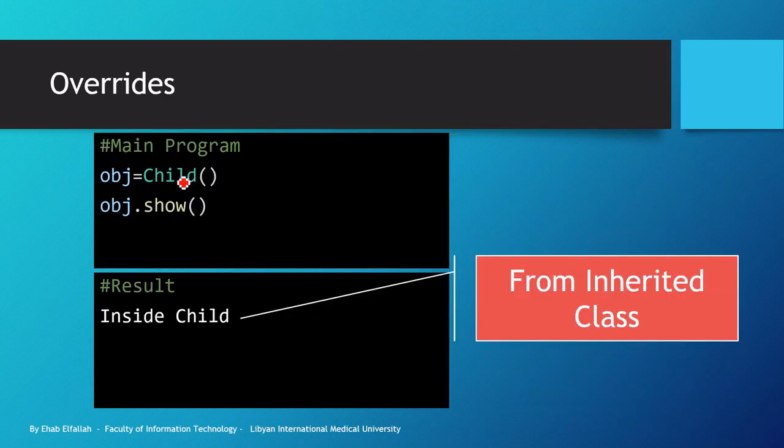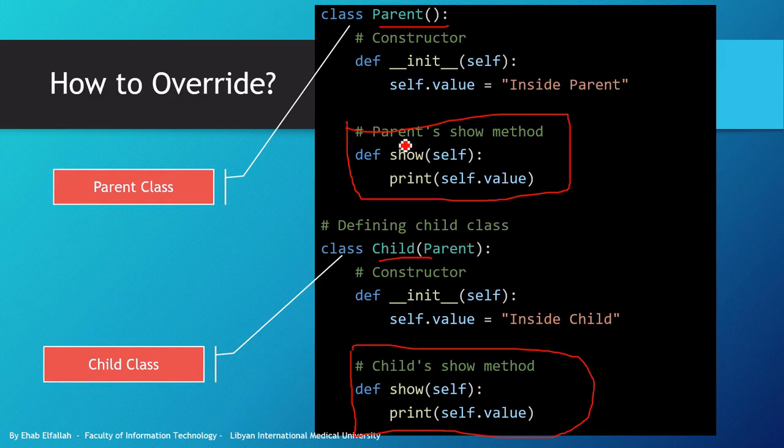If we go to the main program, we take an object from the child class and call the method show, so the result will be "inside child". The value of this attribute is "inside parent", and the value of this attribute is "inside child".